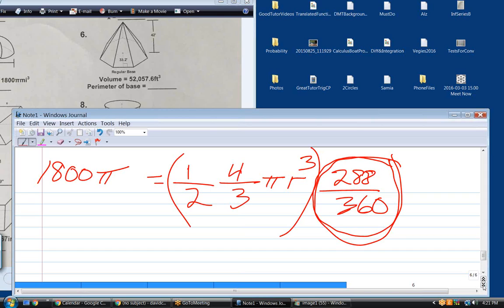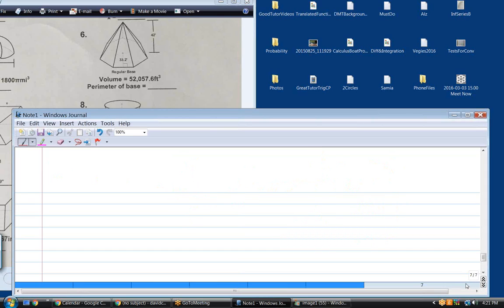Number 6. They gave us the apothem. What's the volume of that polyhedron?